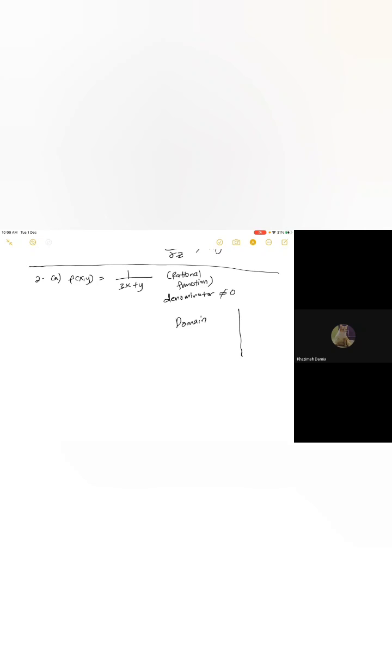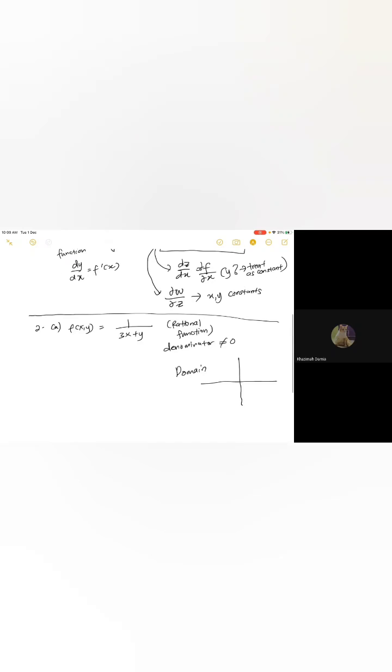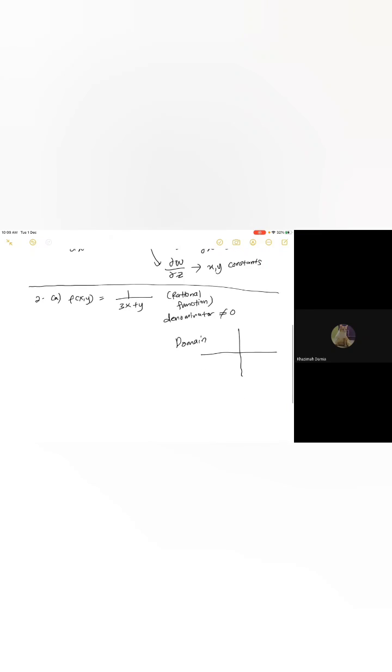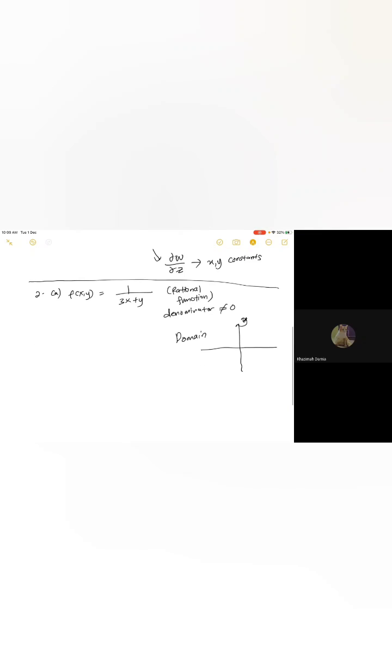So domain is actually a set of variables, your independent variables. If there are two variables, x and y. If 3 variables, x, y, z. Okay, so for example like this, this is y, this is x. So this is what we call domain, a set of variables x in which your function will be defined. And then this y, the answer, is what we call as range.